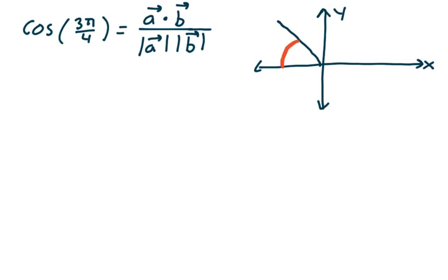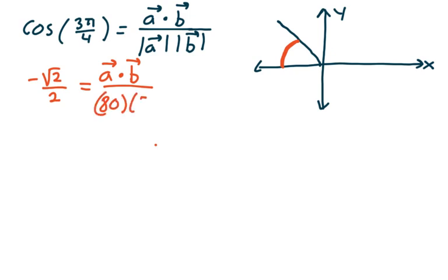Now don't forget, cosine is negative in quadrant 2. So I'm going to take negative square root of 2 over 2, and I'm going to set that equal to the dot product of A and B divided by 80 times 50.